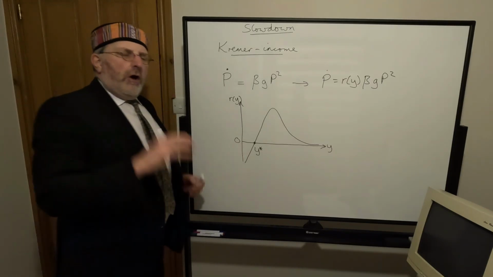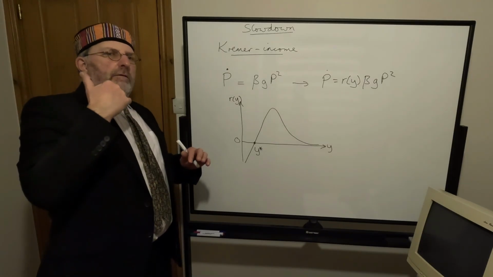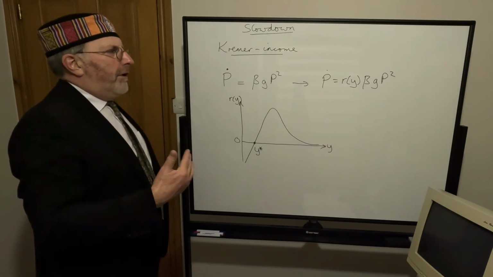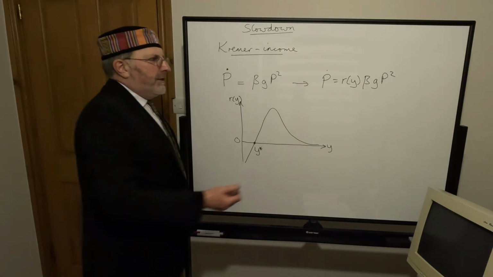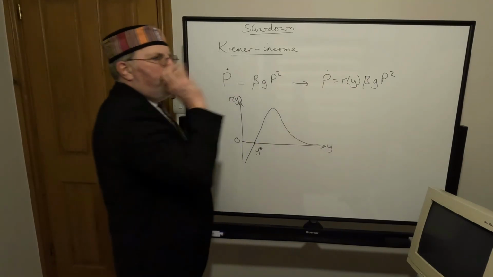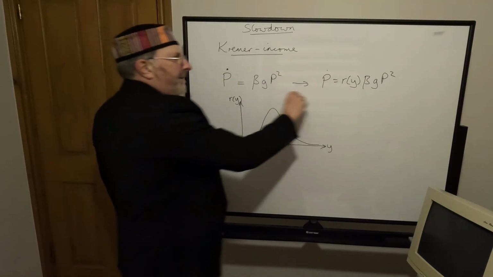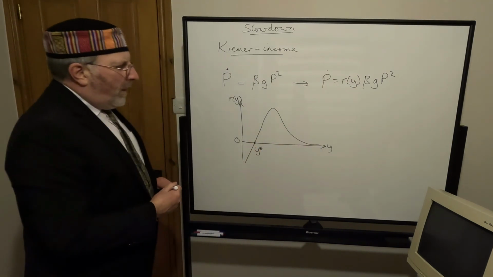So when people have only the bare minimum they need to survive, they can't grow their population. They can't have children to grow their population, though they can just about replace their population. So here r of y is 0, so p dot is 0. So population remains steady at that value. It can't increase if y is at y star.